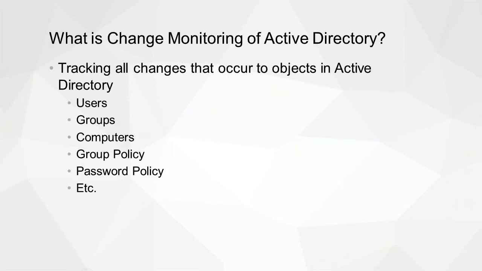So even though with Active Directory we typically deal with users and groups on a daily basis, there are certainly other aspects of Active Directory that, if changed, will cause consequences. And it's these consequences that I'm trying to track so that we can take action on those changes in Active Directory sooner rather than later.